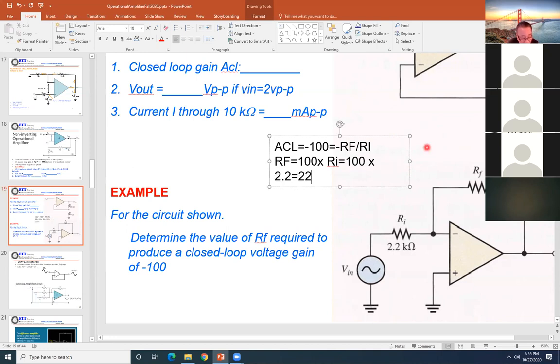Yes. Okay, 220 K ohm. That was an easy one.